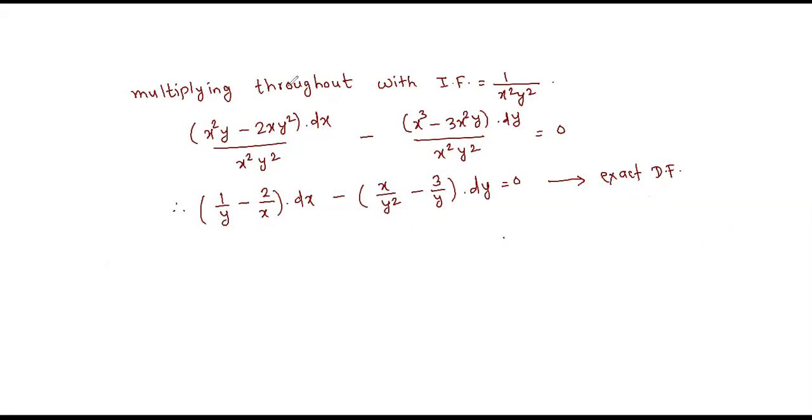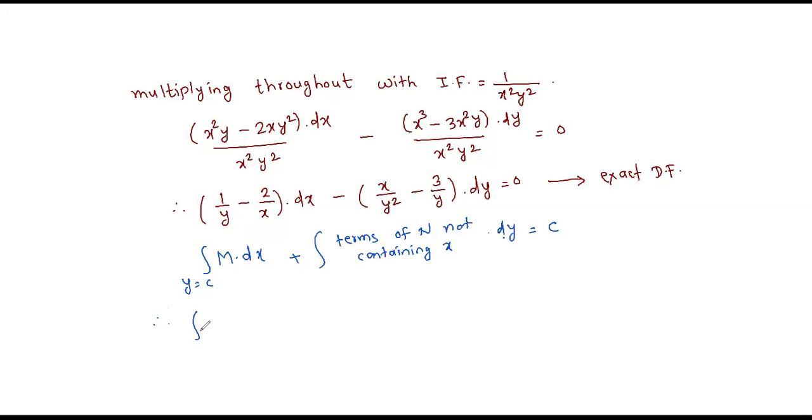As this is an exact differential equation, we know the method. What is our method? The method is very simple. We are going to use integration of m dx, keeping y constant, plus integration of terms of n not containing x into dy is equal to constant.